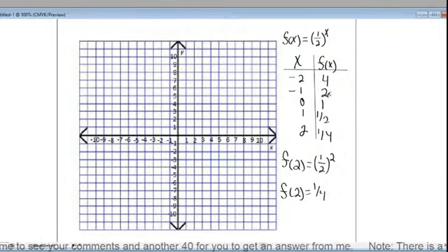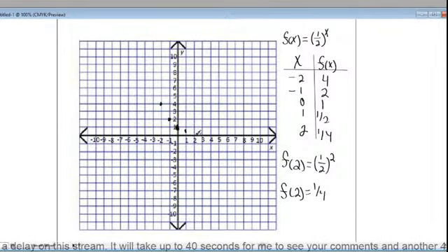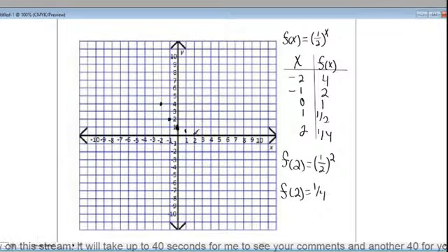It's 4, 2, 1, 1/2, 1/4. So let's take a look at this graph. So negative 2 is 4. So negative 2, we've got 4 right there. Negative 1 is 2. 0 is 1. 1 is 1/2. 2 is 1/4.